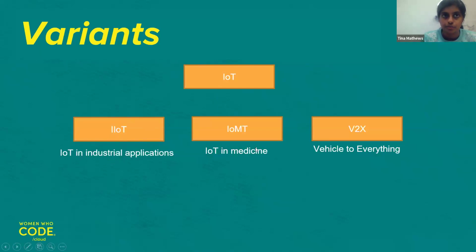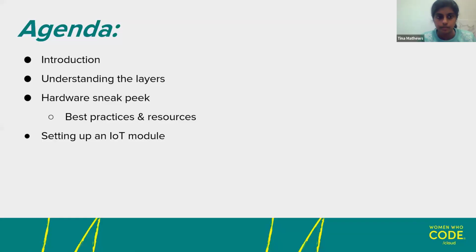You don't want to have a response time which is very slow in the case of medicine, so that standard is more adhered to medical things. And vehicle to everything: right now you have driverless vehicles, so understanding where these vehicles are is important for us. So that's a little bit of the introduction and how IoT can actually help us.